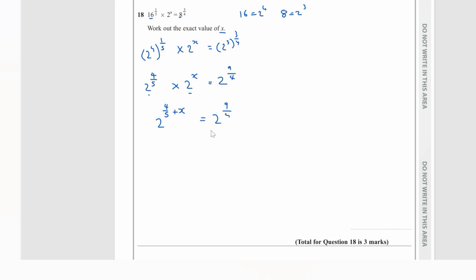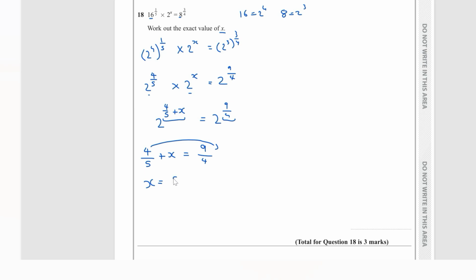So now we have the same base number, so we can directly compare the powers with each other. And as these two equal one another, we can rewrite this as 4 over 5 plus x equals 9 over 4. So if we just rearrange this to make x the subject, we can take this over.